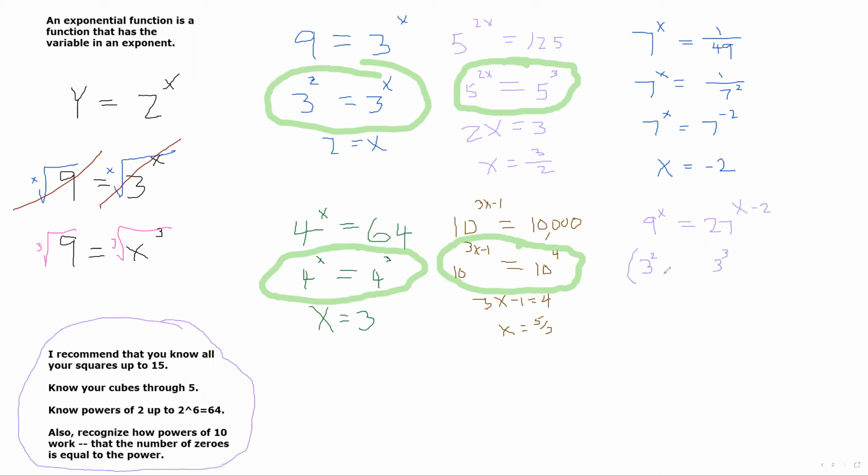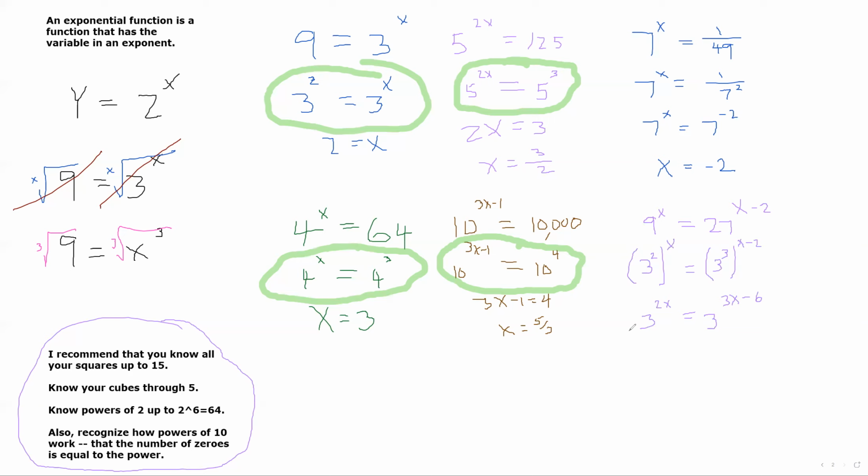So if I write this as 9 to the x equals 27 to the x minus 2, now this is something we can work with, because if you know your exponent properties, you know that power to a power means multiply. And so this is 3 to the 2x equals 3 to the 3x minus 6.